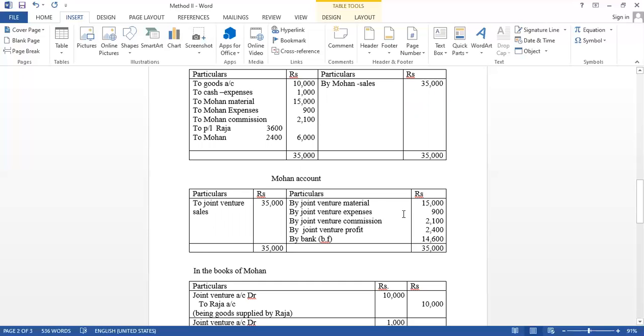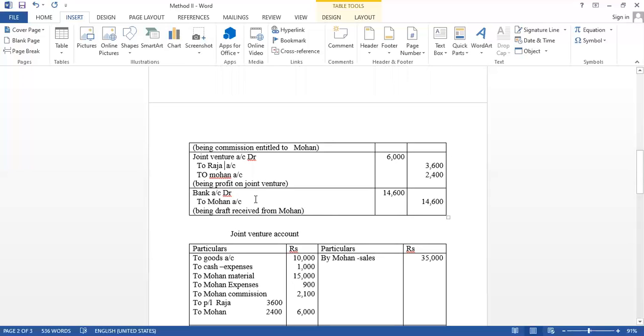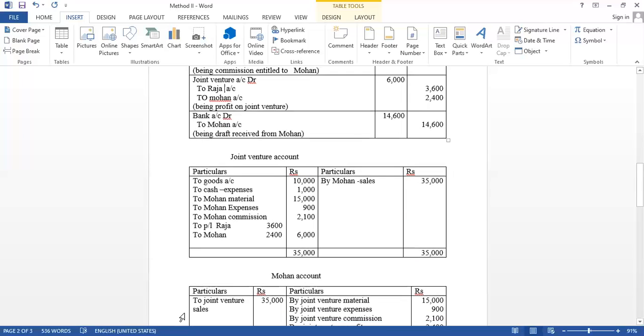Then expenses 900, commission 2,100, profit is 2,400. So the balance amount is transferred to Raja. So by bank, that means the balancing figure, we have the amount: 14,600. So bank account credit to Mohan, 14,600.